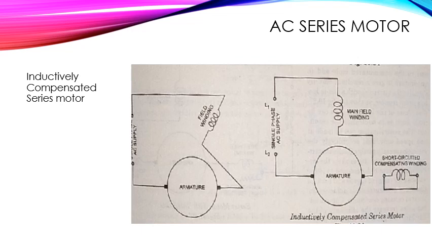So the motor with short circuited compensating winding is known as an inductively compensated series motor. The current in the compensating winding will be almost directly proportional to the armature current and practically 180 degrees out of phase with it. Therefore, the action of the compensating winding will be almost identical with that of a conductively compensating winding.